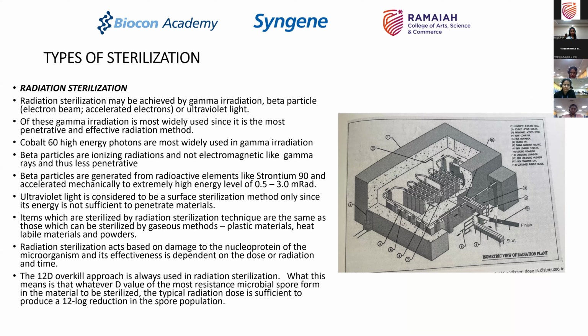There is a third method of radiation sterilization, commonly used in laboratories, which is ultraviolet light. But over a period of time, ultraviolet light is not considered a sterilization process. It is more considered a decontamination process, and not very effective at that.